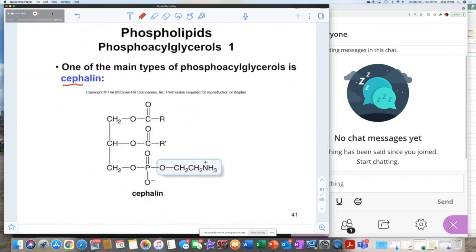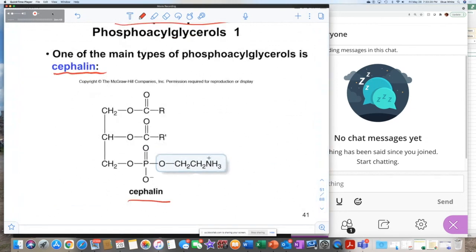You have one called cephalin. This is one type of phosphoacylglycerol called cephalin. And with the cephalin, you have, of course, your glycerol group right here, your fatty acid, glycerol, fatty acid, check. And then in the place of the third fatty acid, we have the phosphate.